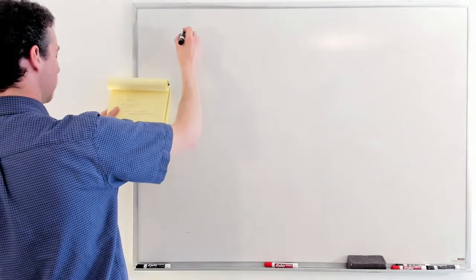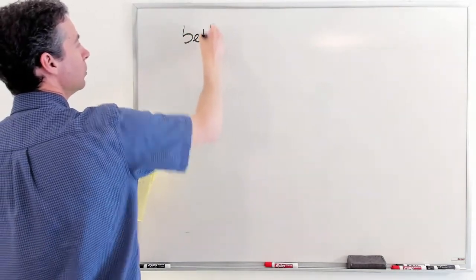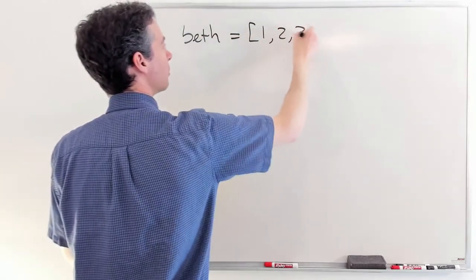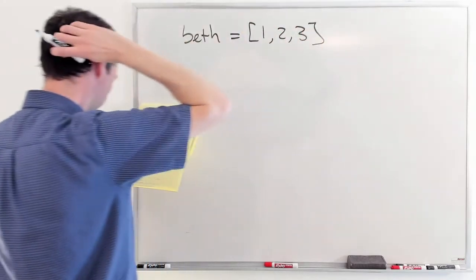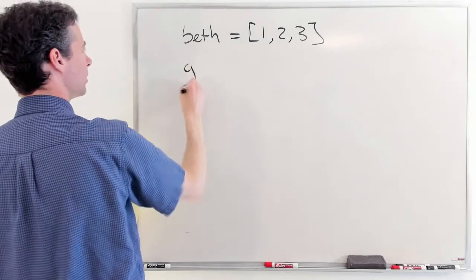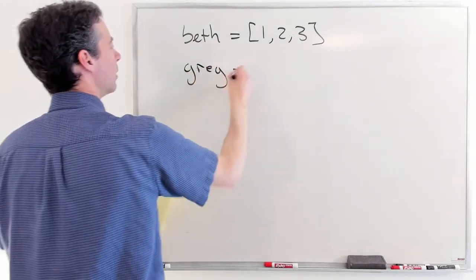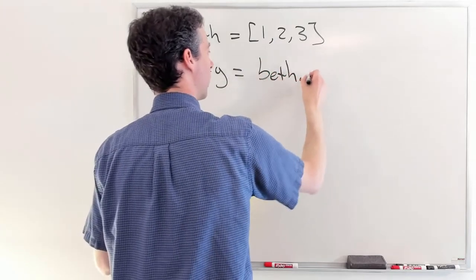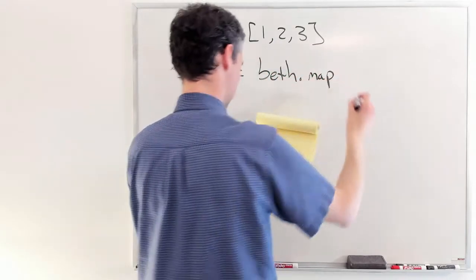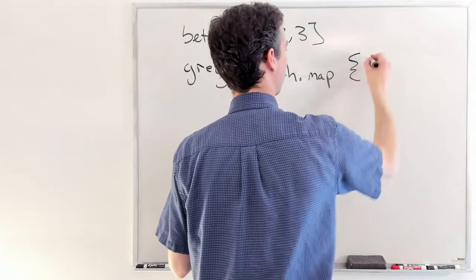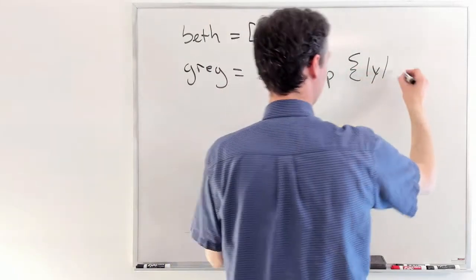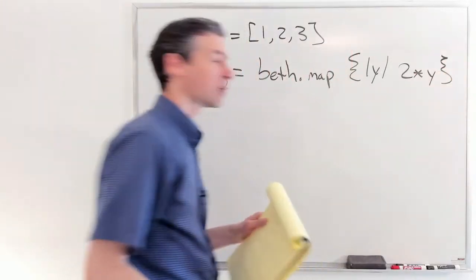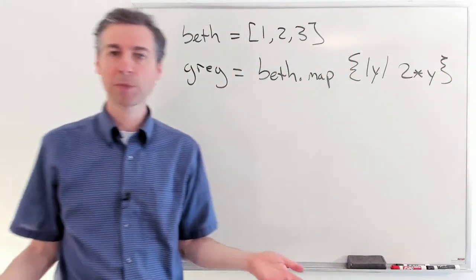So for example, we could do Beth is equal to the array 1, 2, 3. Now I'm going to take Greg, set Greg to Beth.map, y, 2 times y. What does this do? This is map.